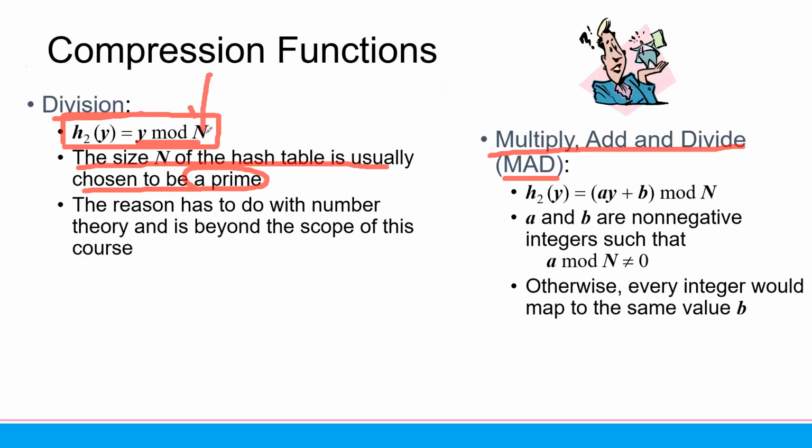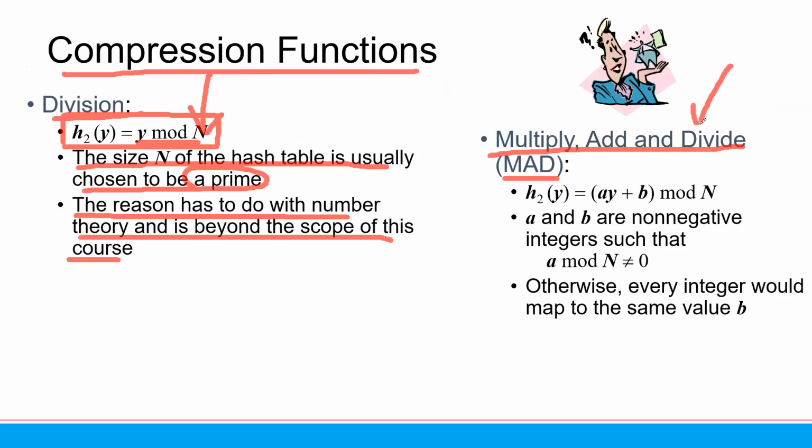So this n is usually a prime number. Why should we use a prime number? There is a reason, but I will not discuss it because it is a derivation from mathematics.